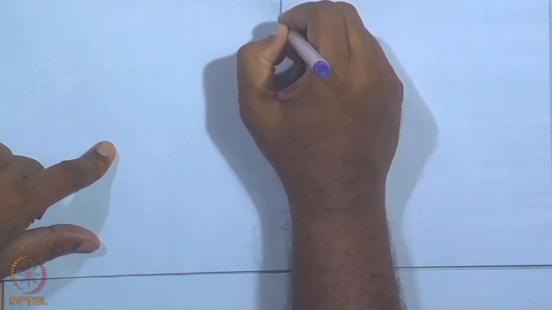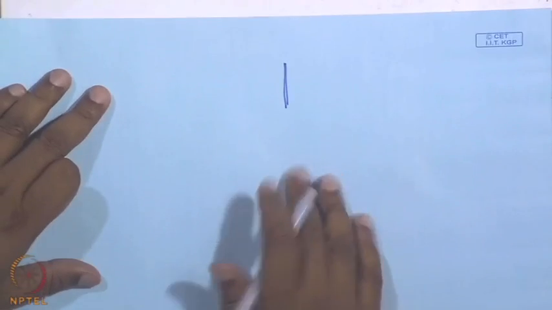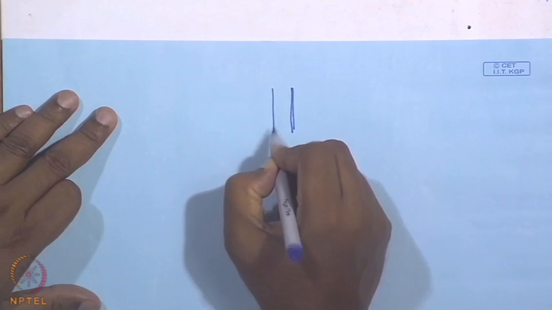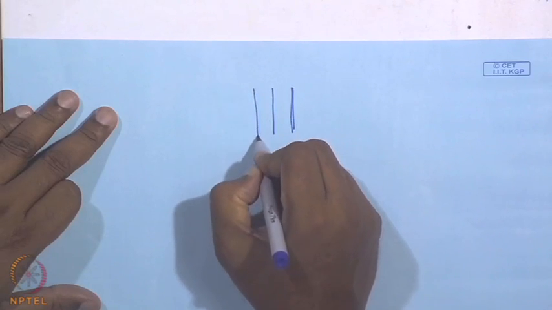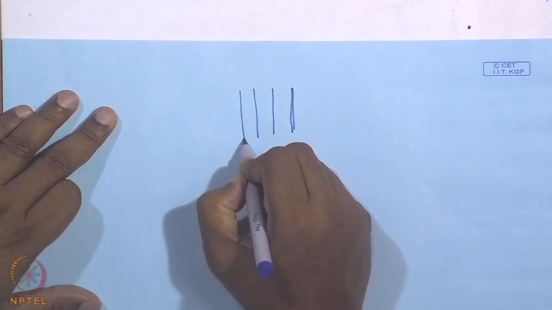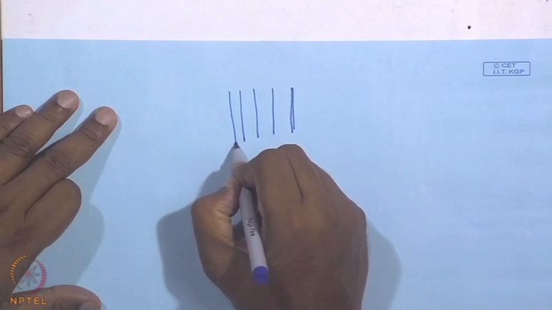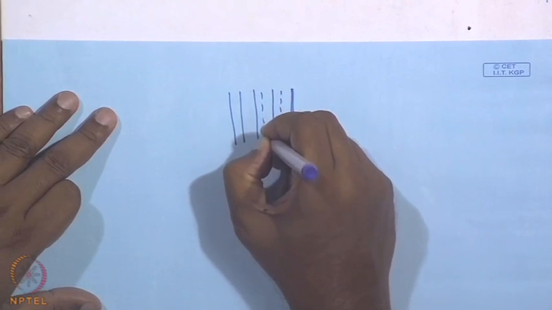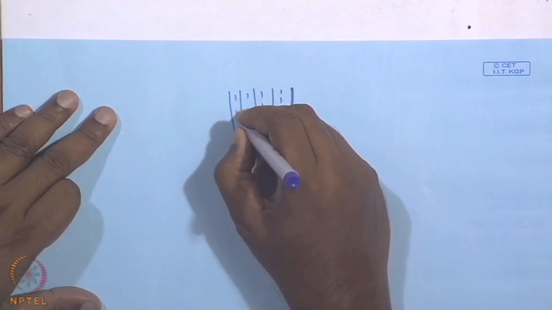I have fringes, the first dark fringe, the second, third, fourth, and so on. These are the bright fringes in between.